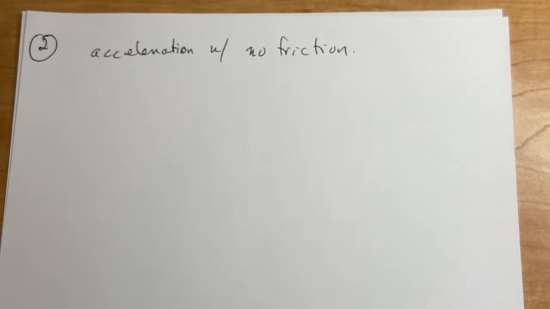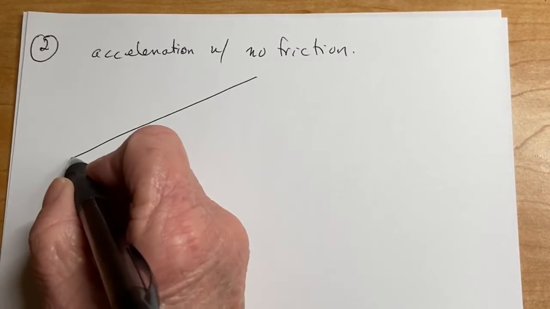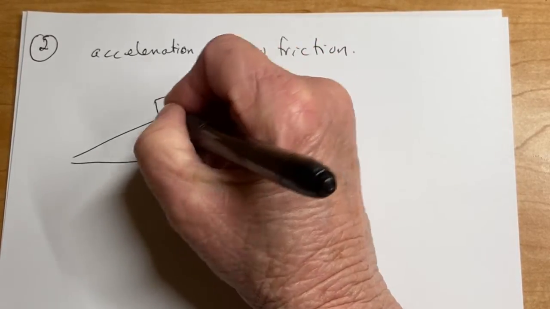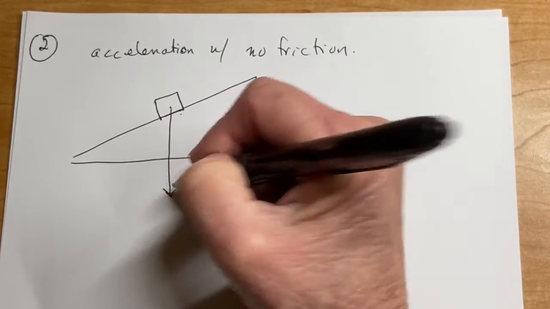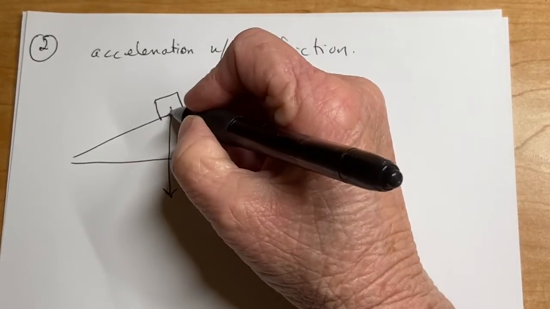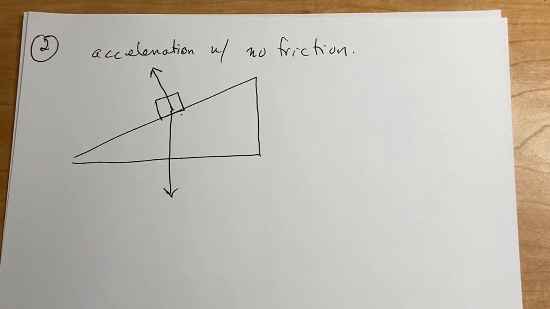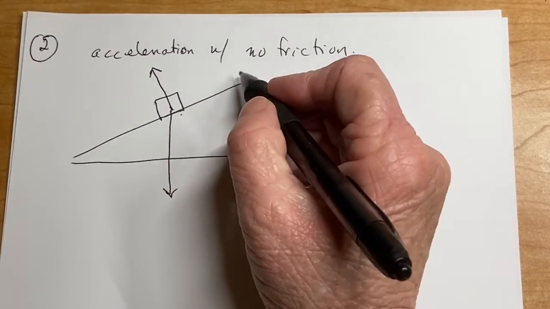It's kind of an easy one, actually. I'm going to draw the ramp and put an object on it. We're going to have mg, and we're going to have F normal. I'm not going to put friction in here.